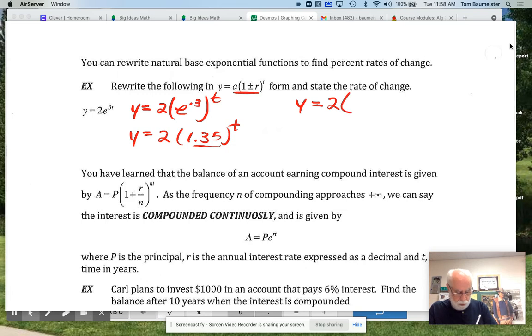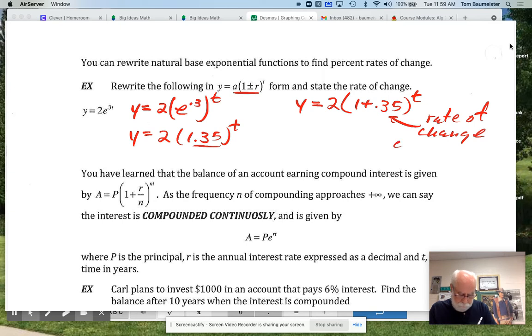So if I rewrote it like that, I would have 1 plus 0.35 raised to the t power. So this here is our rate of change, and we need to change it to a percent. So on that one there, we would have 35%.